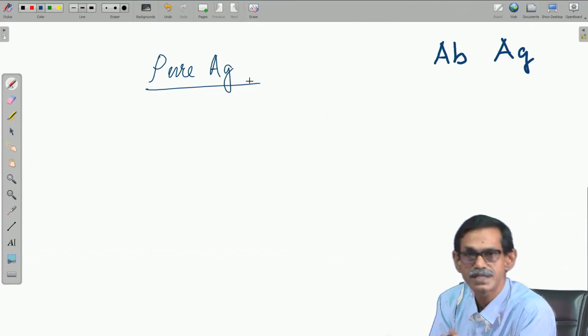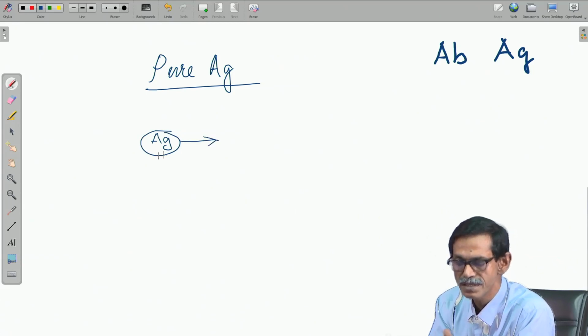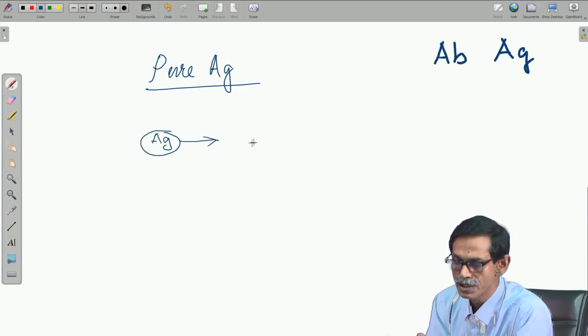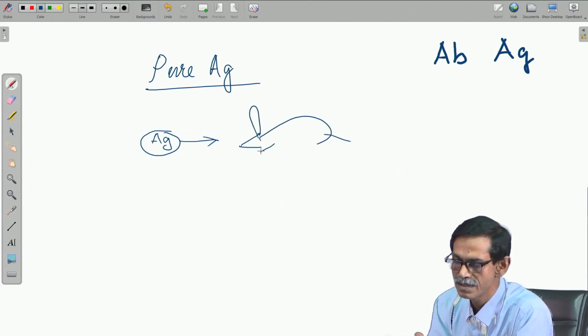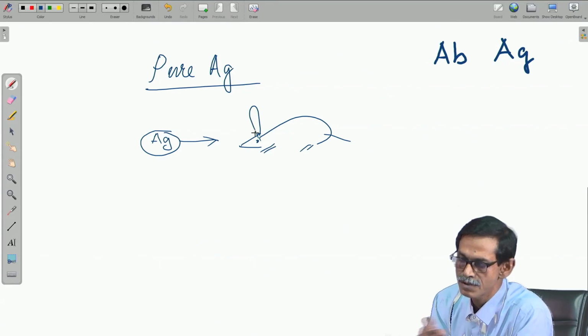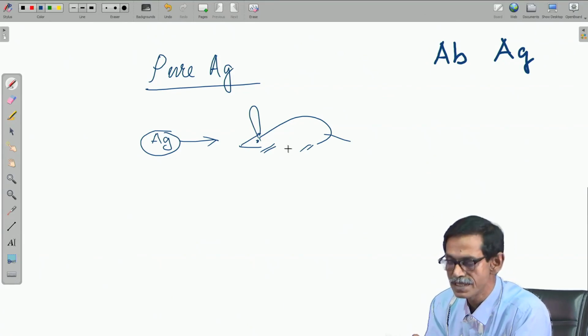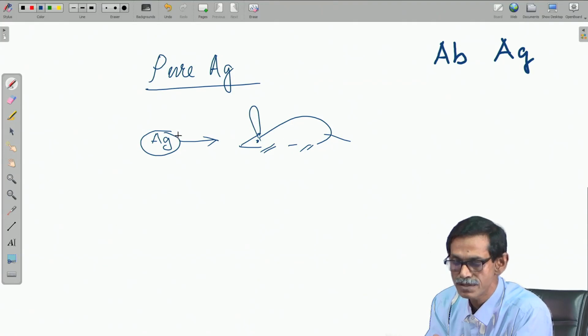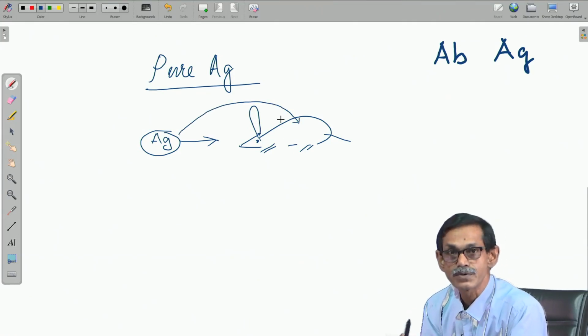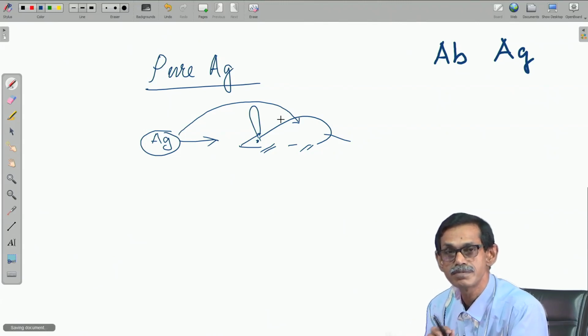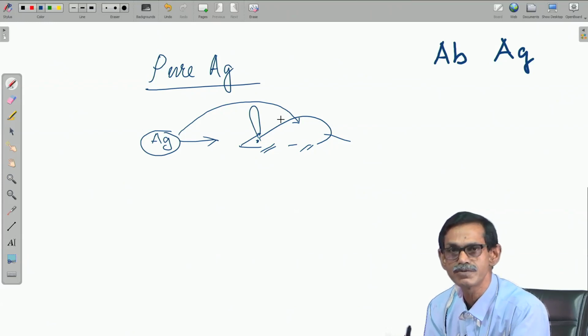So, you have pure antigen in your hand, and you have to inject it into the animal. That antigen you have to administer into the animal in different ways. Many of you know, I am not going to discuss in detail why and when, but there are many ways you can administer.